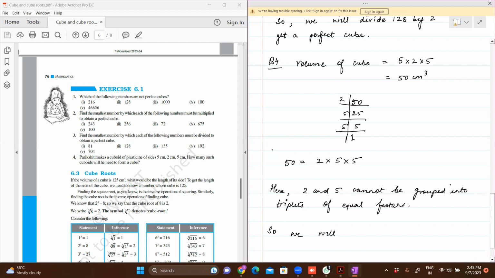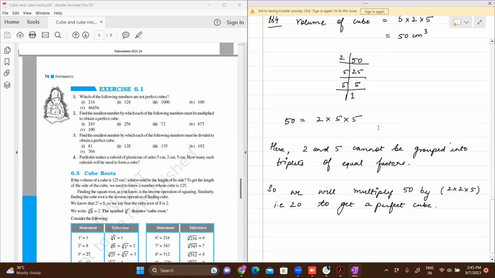So we will multiply 50 by 2 into 2 into 5, that is 20, to get a perfect cube. So therefore we can say that 20 cuboids are needed. Hence, twenty cuboids are needed to form a cube.